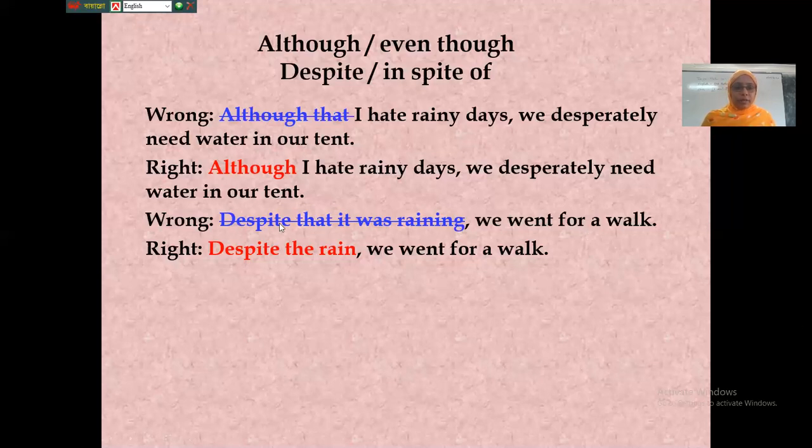You must write, "Despite the rain, we went for a walk." If you use "despite," you use a noun phrase beside it. You do not use another connector or a full sentence. You must use "despite" with a noun phrase.